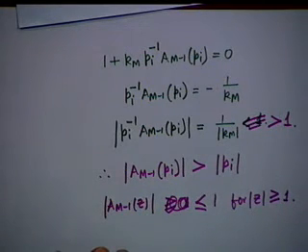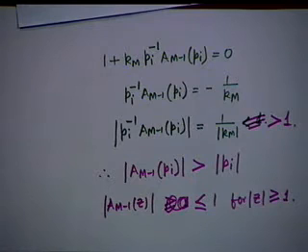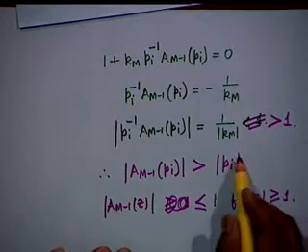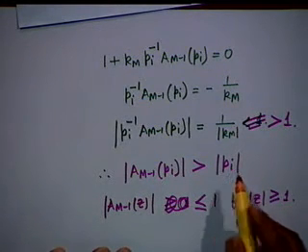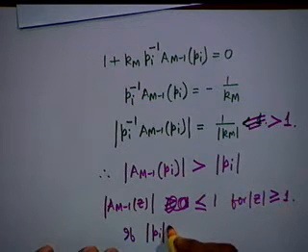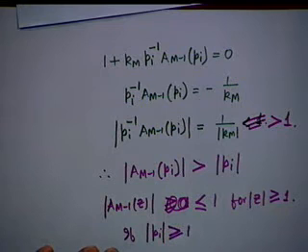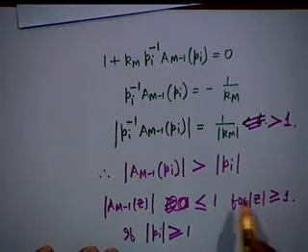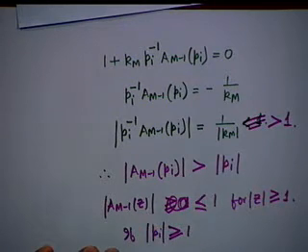Okay? If the magnitude of p_i is greater than or equal to 1, then the magnitude of A_{M-1}(p_i) should be less than or equal to 1.